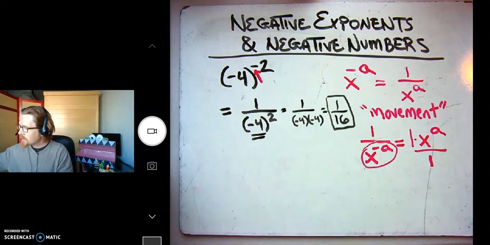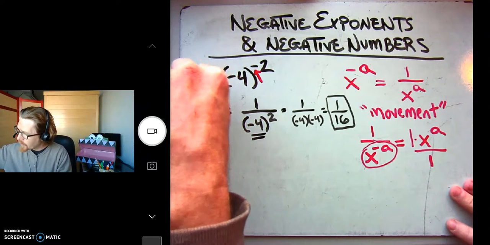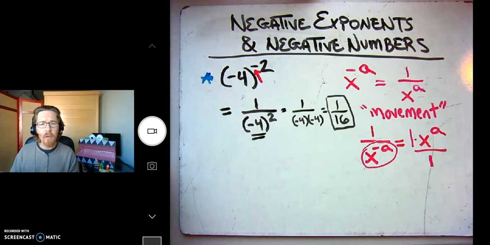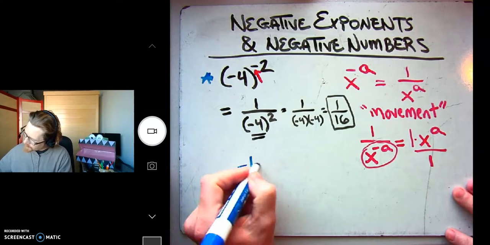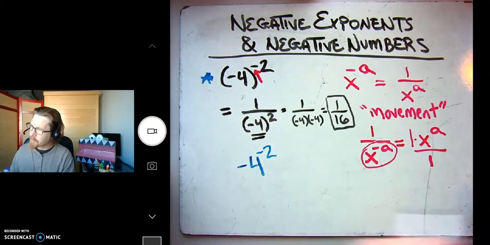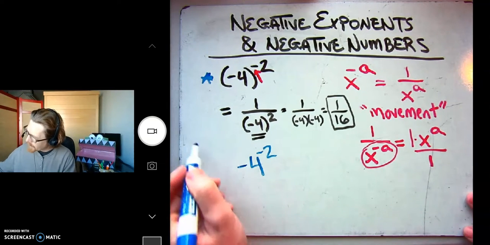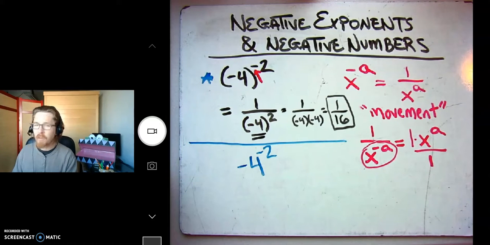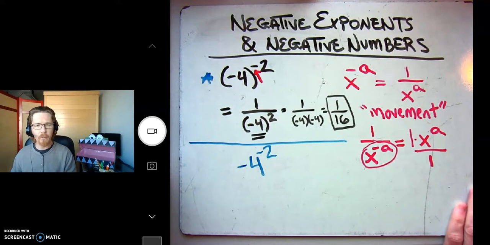But let's look at this example and take away those parentheses. What if I just had negative 4 to the negative 2 power? So again, this is almost identical, except those parentheses are missing, and that's going to be really crucial.